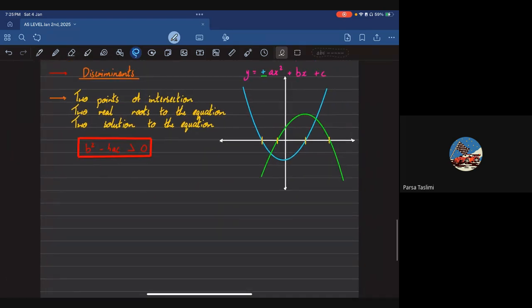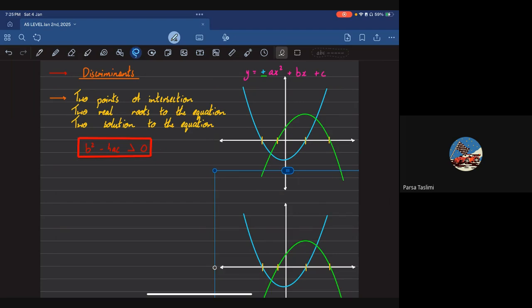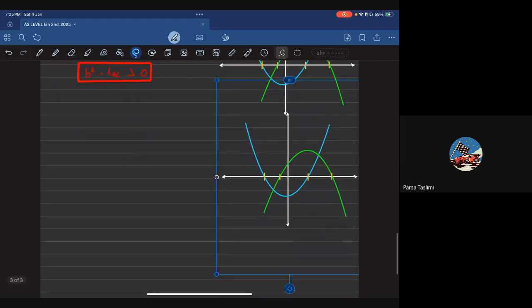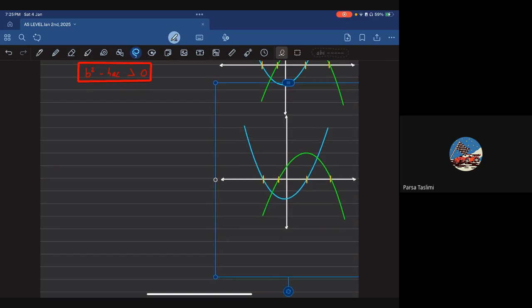All right. Keeping this in mind, what's going to happen now is that this was when you had multiple points of intersection. Now for example, we only have one point of intersection.